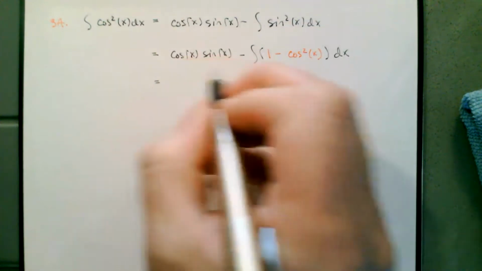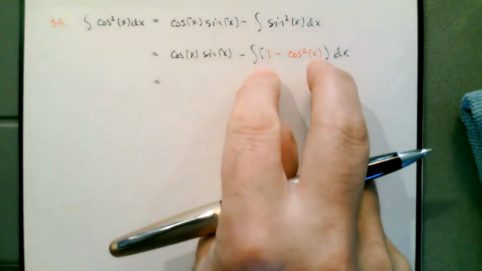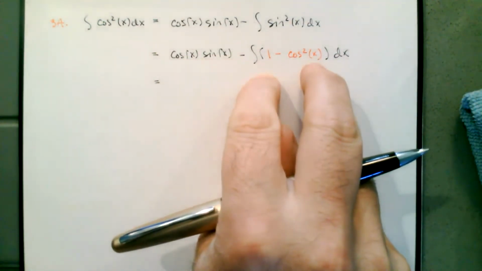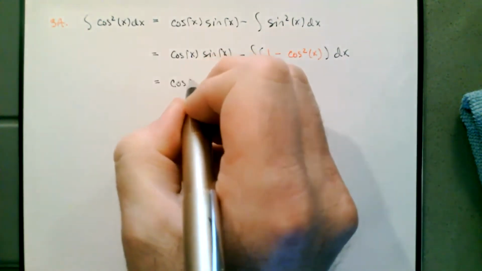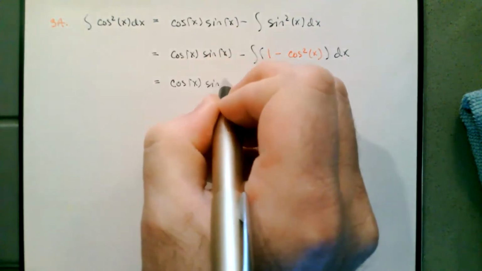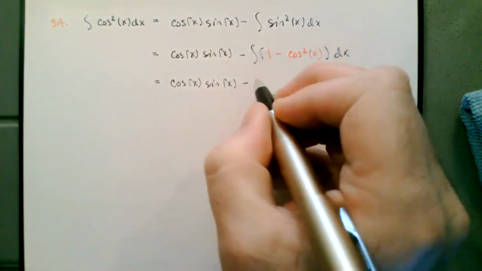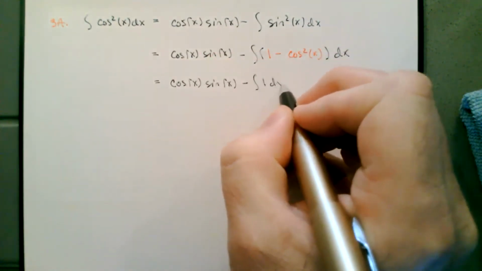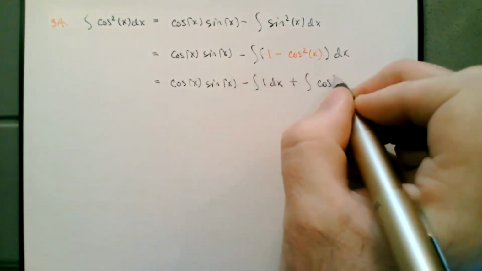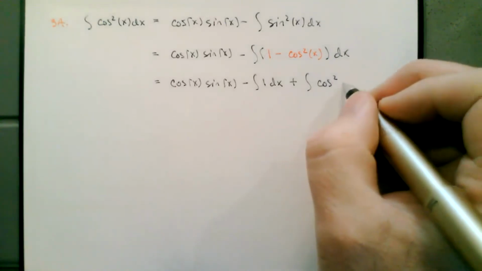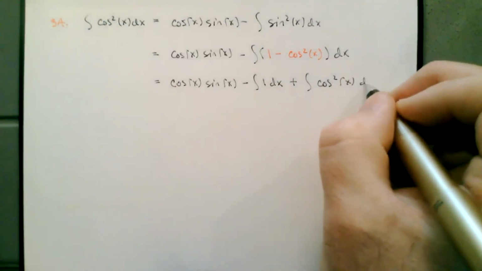So I can split up my integral. I have the integral of this difference. So I can just write the difference of the integrals. So I have a cosine x sine x minus the integral of 1 dx. Minus and minus is plus the integral of cosine squared x dx.